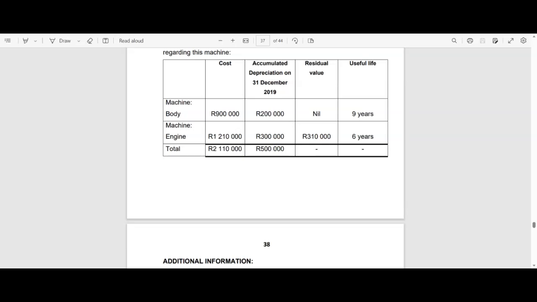What is the balance in that account that we need to get rid of? Thank you, Enrique. It's that 1,210,000, right? Thank you, Miss Penny. The 1,210,000, right? So we have to get rid of the full cost.